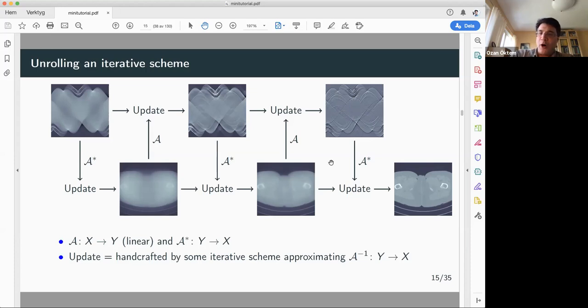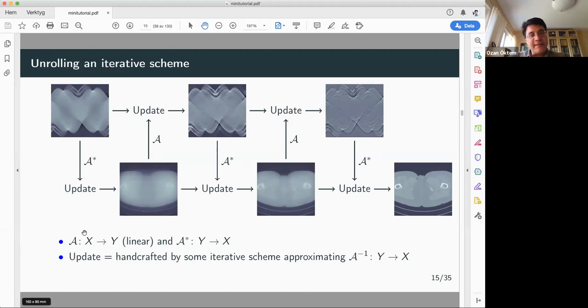And this will, of course, go on, typically in the limit. Here A is typically used to map from the image space to data space. And if A is linear, you can talk about the A adjoint directly, which you use to map back from the data to image space.